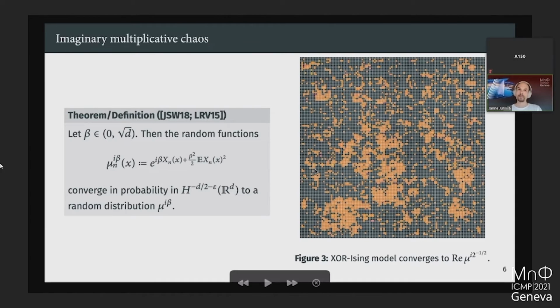And then you just multiply together the spins of the two independent Ising models, and that's the XOR-Ising model. And then if you, in this picture, let the lattice size go to 0, and you also have to introduce some kind of blow-up, this spin field converges to the real part of this imaginary chaos with a certain parameter, to the minus half. Okay, so that's just one example, but I would be interested in the more general case.